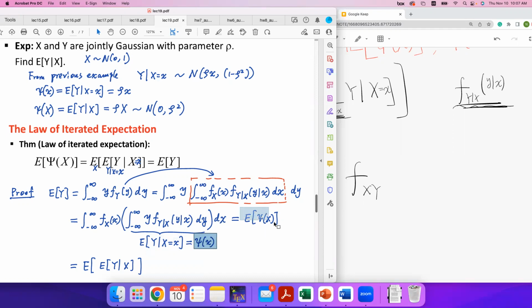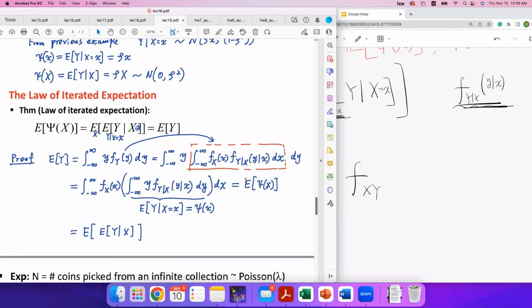So it's exactly the definition of the expectation of this phi(X). So it's the expected value of this random variable phi(X). But this random variable phi(X), we write it in this way, right? Phi(x) is denoted as, this is just a notation, the expected value of y given x. This is a random variable. Okay.